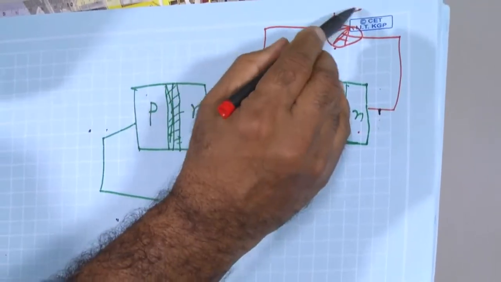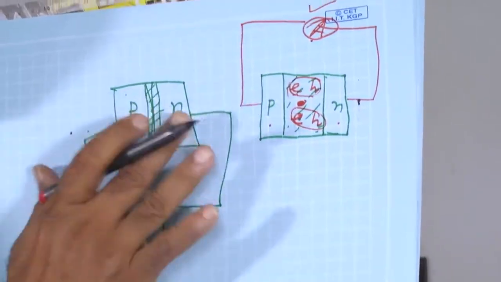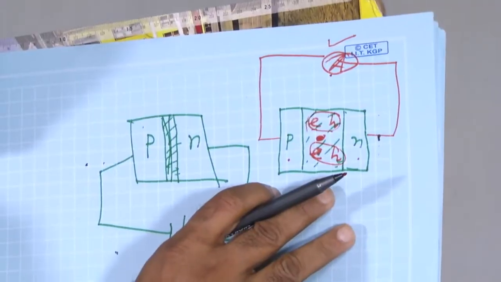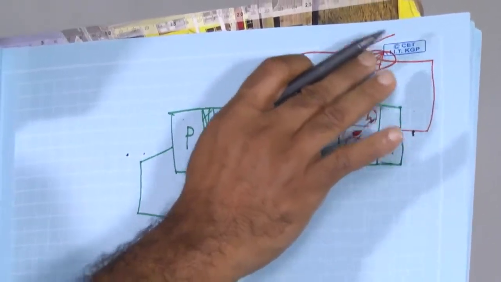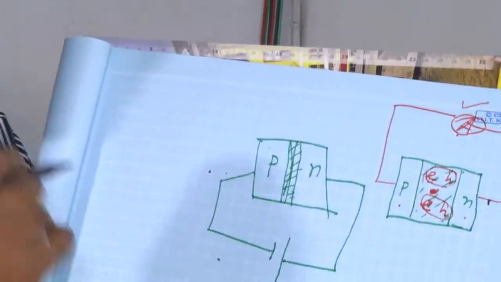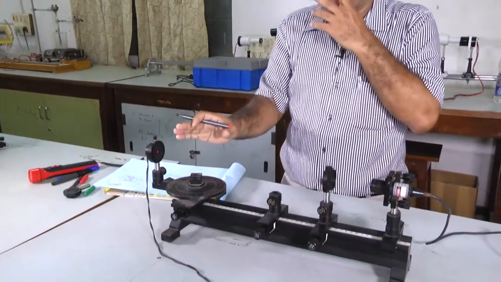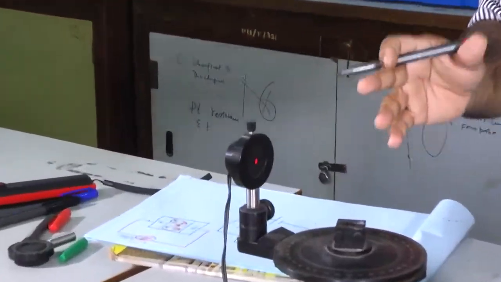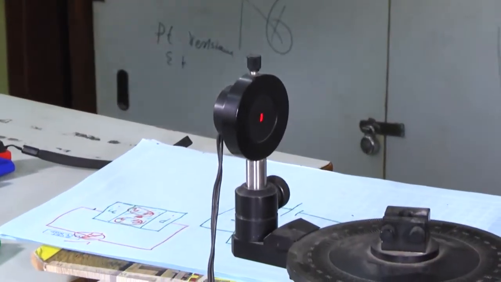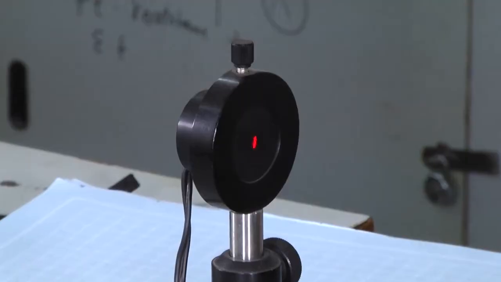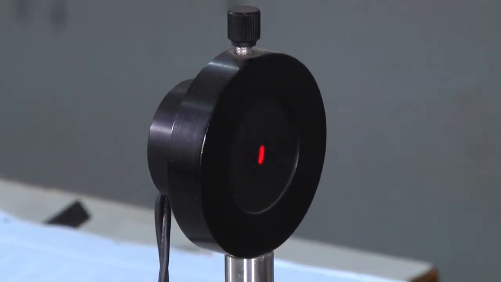So we can take this current as the intensity of light. That is the working principle of this photodiode, which we are using to measure the intensity of light in terms of current.